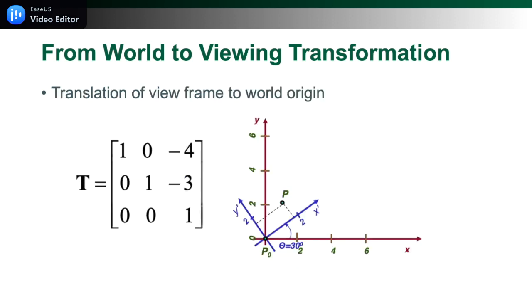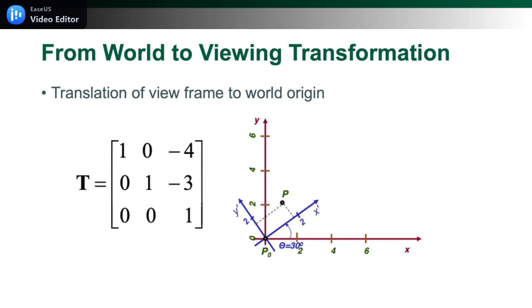Moving on, the translation matrix is simple: minus x0, minus y0. So it was 4, 3, and the point P0 gets translated to the origin by this matrix. Now if you look at it, our axes are still not aligned, they are at an angle of 30 degrees.